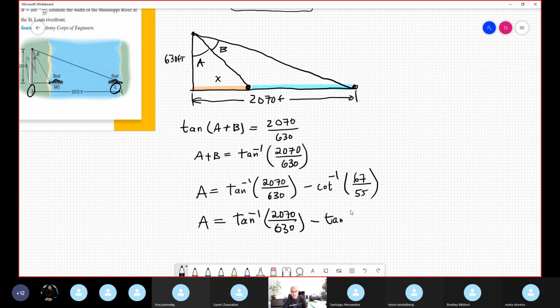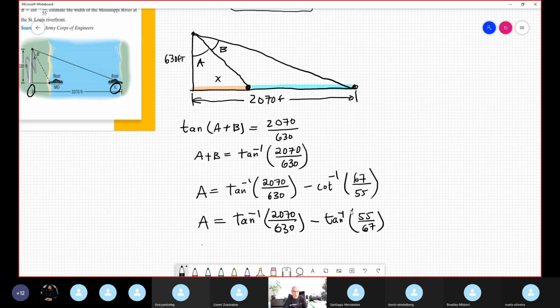You change to tangent inverse because my calculator has no cotangent. One calculator, yes, has every trigonometric function, but in the majority of the cheaper calculators, we have only tangent inverse, and you flip it. Makes sense, right? Because I know it's the reciprocal.